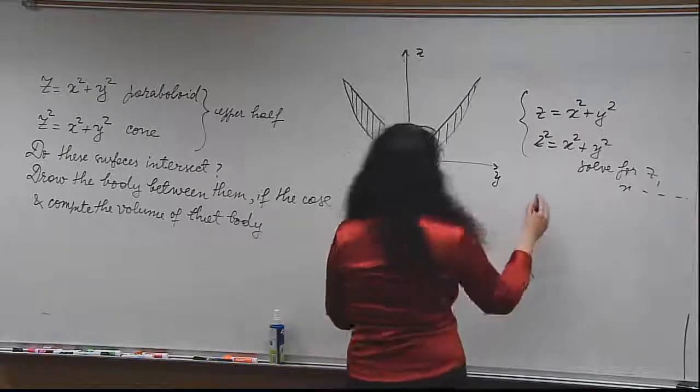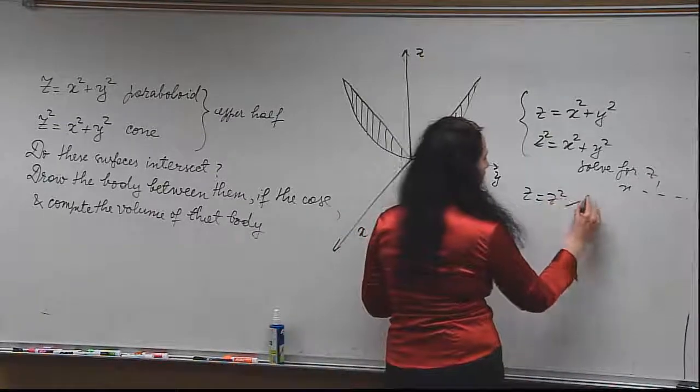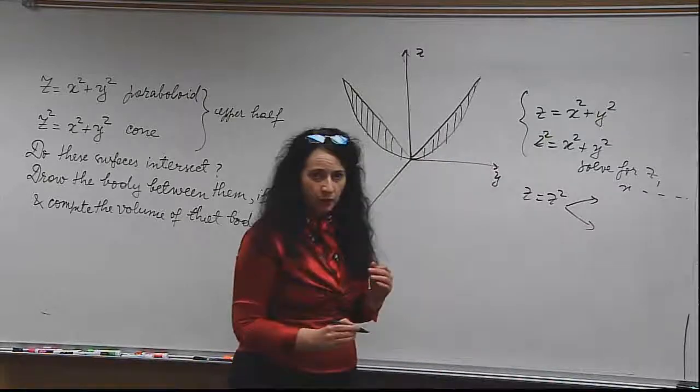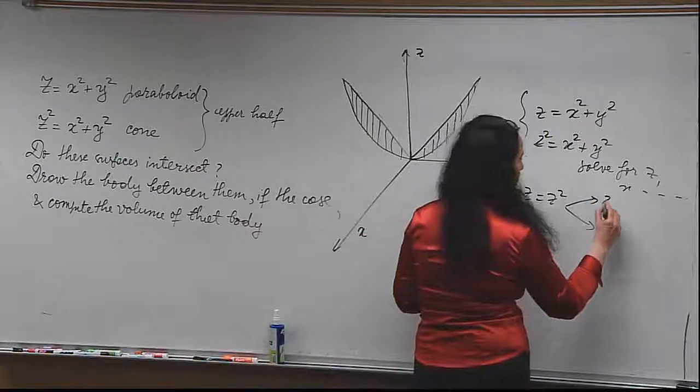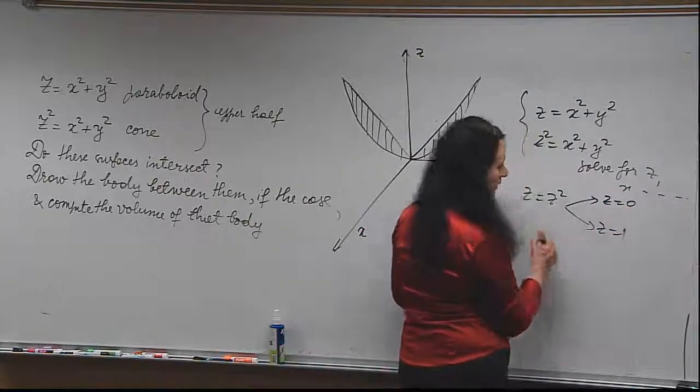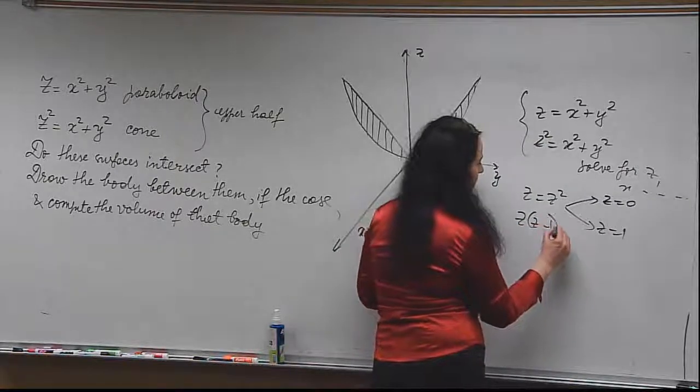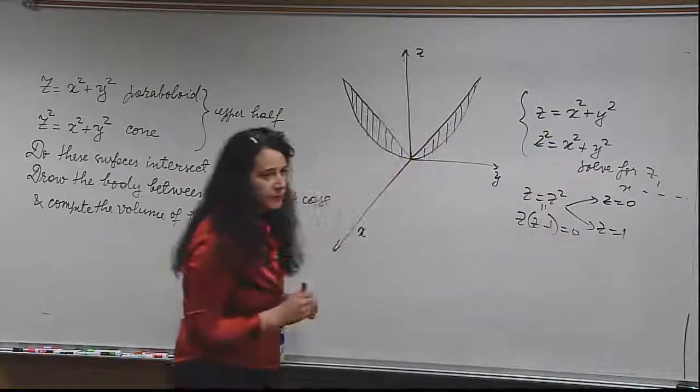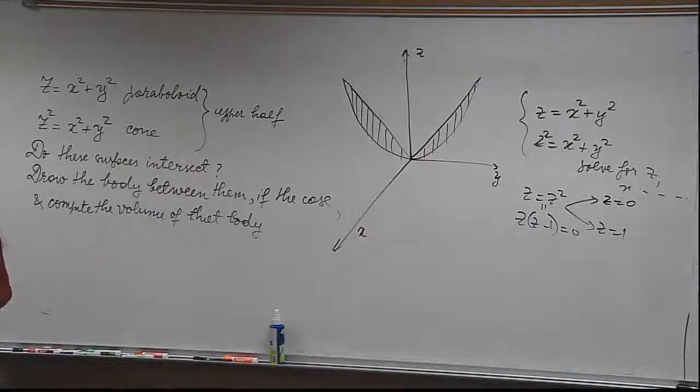Well, Z equals Z squared gives me two possibilities. One is Z equals 0 and one is Z equals 1, because this is the same as writing Z times Z minus 1 equals 0.